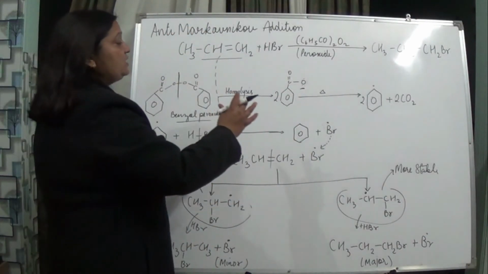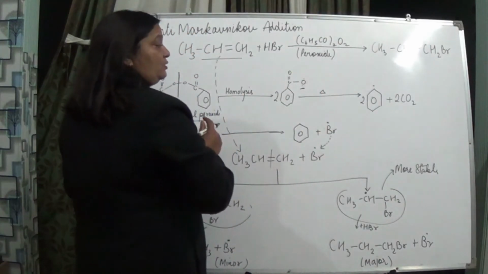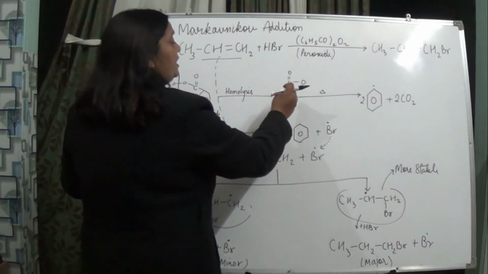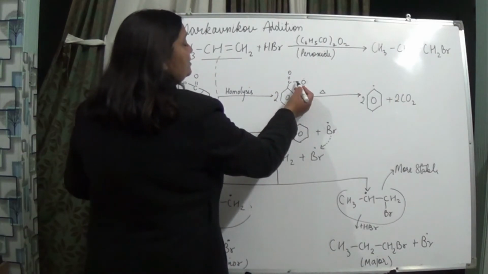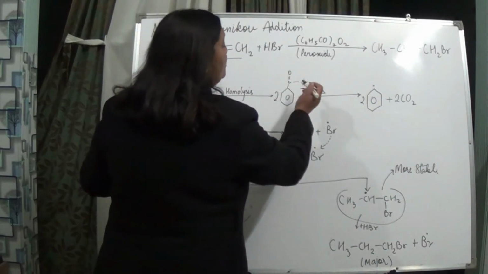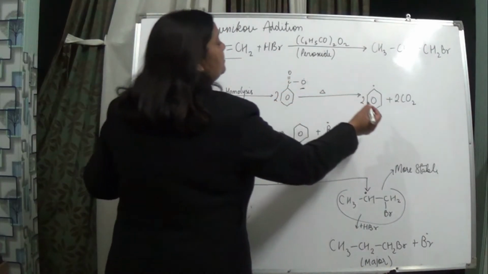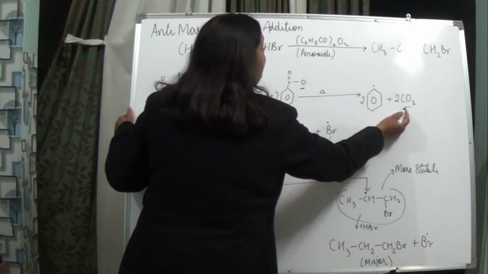As soon as we heat it, this oxygen will try to become stable. How? The electron which is being shared is taken by this carbon and this benzene, and naturally this oxygen reacts to form a stable product, that is carbon dioxide.